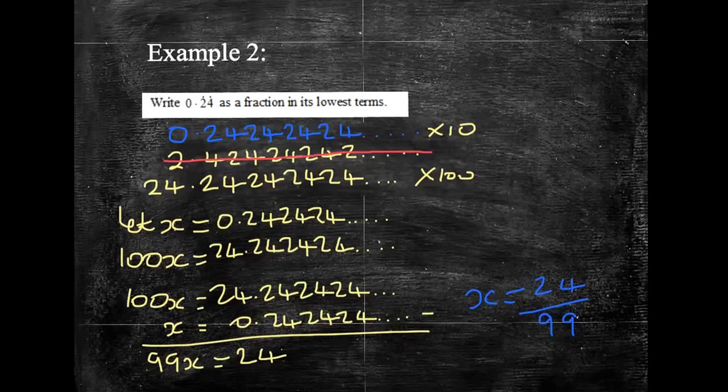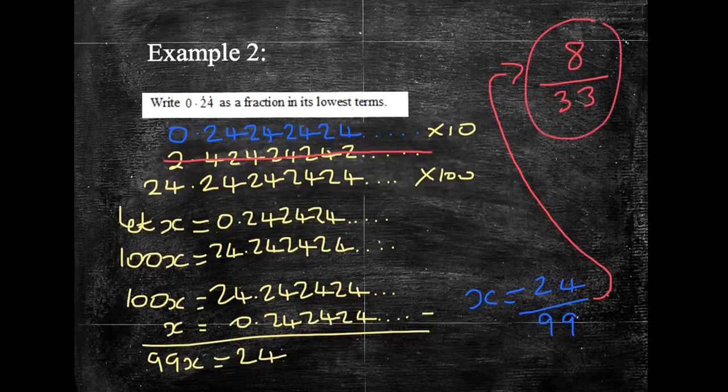So simplifying further, 3 goes into 24 8 times, and 3 goes into 99 33 times. So I've had a little bit more work to do on this one than previously. This one might be worth a few extra marks as well for doing the extra simplifying. But again, whenever we're looking at fractions, we're just checking that this is the case.